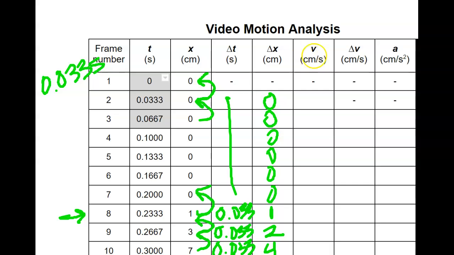And now I can figure out what my velocity is. Velocity is my change in position over my change in time. Because I have a bunch of zeros here, these are all going to be zeros, so I'm not going to be able to calculate that until I get down here at time 8, where I went 1 centimeter in 0.033 seconds.